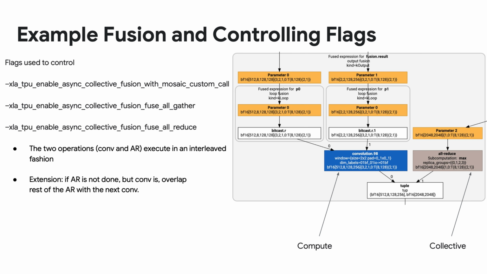In this case, we needed only one step because the all reduce was pretty small, so you didn't need to fuse it across multiple fusions and maintain state. Instead, you just did it in one shot in this particular fusion. And the flag that can control this is, for example, if you say XLA TPU enable async collective fusion fuse all reduce equal to false, then it won't fuse that particular fusion in that manner.